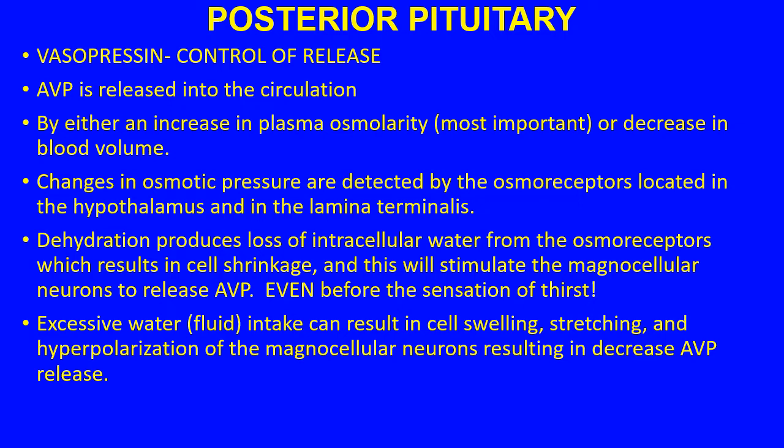Plasma osmolarity here, think about it this way. A solution is made up of both solute and solvent, right? Solvent is the water. Solute would be all the other components that make up blood. So if I have an increase in the plasma osmolarity, that means I've lost water.